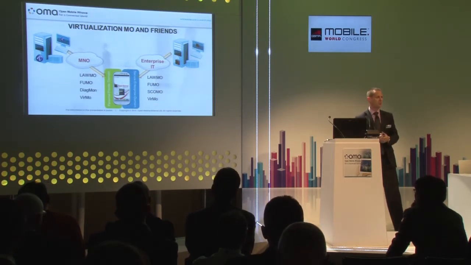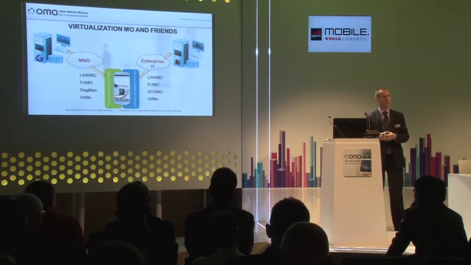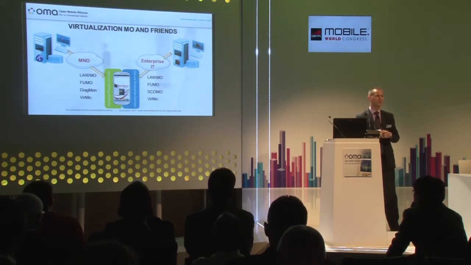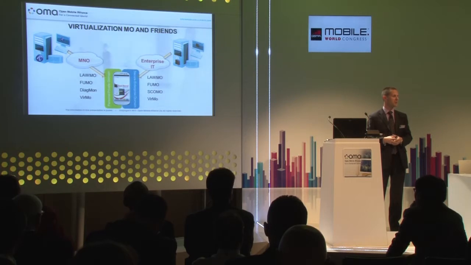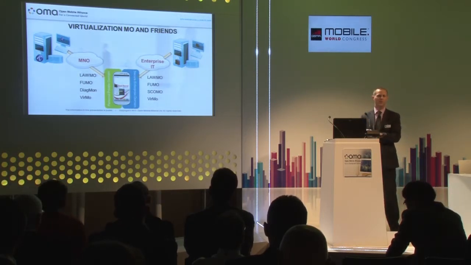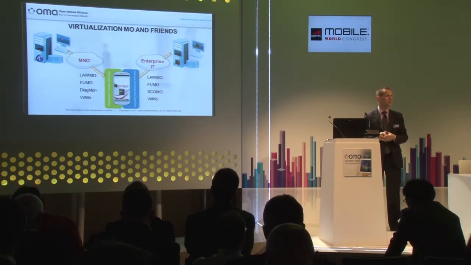On the one hand, you want to be able to provision the device with the enterprise domain, and to do that, we're using the new virtualization management object called VirMO for short, to provision the enterprise Android to the device and then manage it. Inside that Android, on the enterprise side, they'll want to manage applications using SCOMO, update the Android itself using FUMO, and lock and wipe it if it gets lost or misplaced using LAWMO.